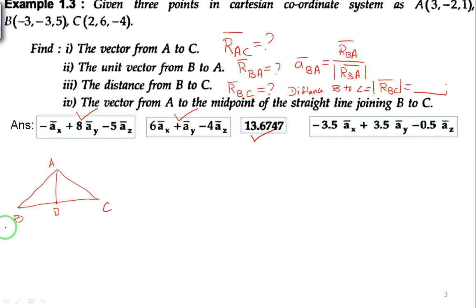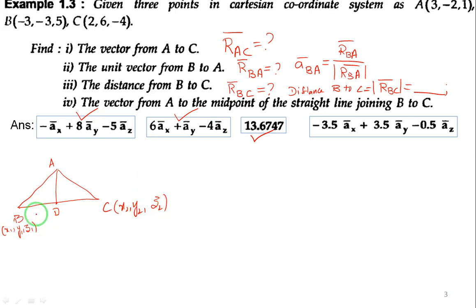I'll give the general formula. Let me assume that the coordinates of B are x1, y1, z1. They have given the coordinates of B here, but I will take the general coordinates. Let me assume that the coordinates of C are x2, y2, and z2.